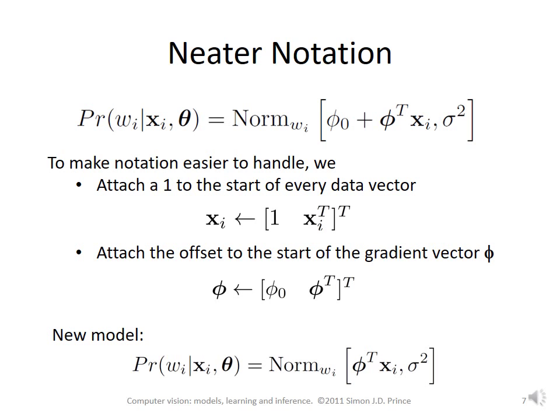And we'll prepend the phi 0 at the beginning of the old phi, so our new phi is just one element longer. Notice when you multiply phi transpose x using the new definitions, you'll get the same old linear relationship between x and our mean of our normal distribution.